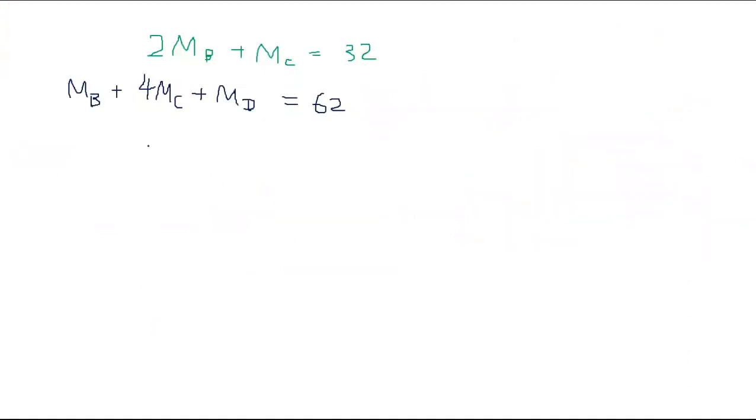MC, so I'll write this here, MC plus 4MD is equal to 80. Okay, this is 80, right? So from these three, you only have B, C, and D. So you have three equations. You can solve this.